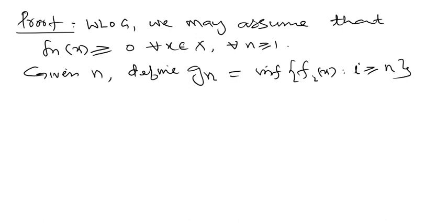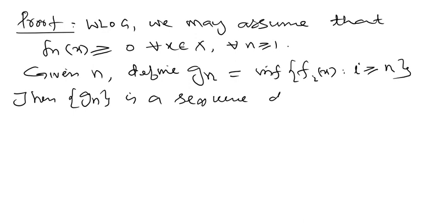Gn is measurable, or we cannot say integrable. Gn is measurable, sorry, because these fi's are integrable, therefore they are measurable, and the infimum of measurable functions is again a measurable function. Then this Gn is a sequence of measurable functions.